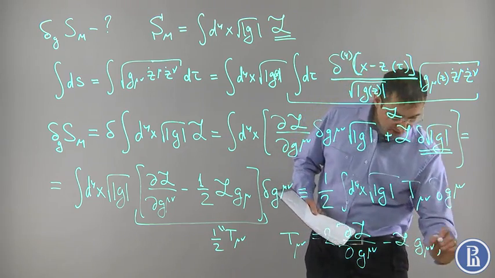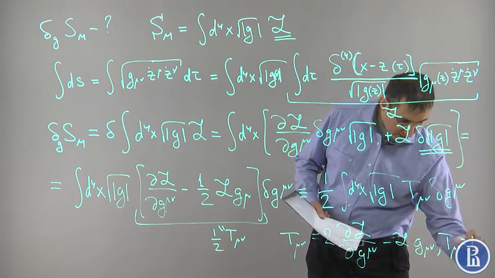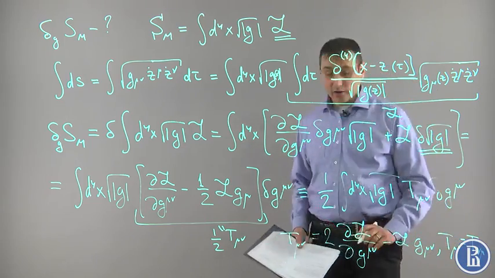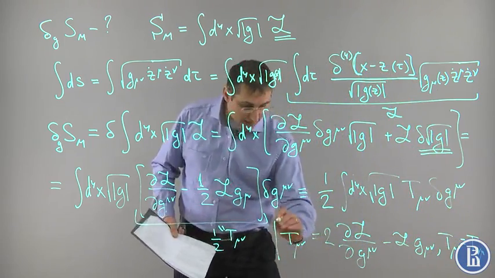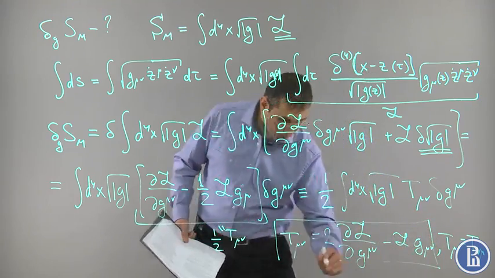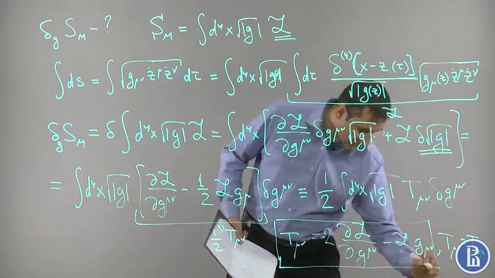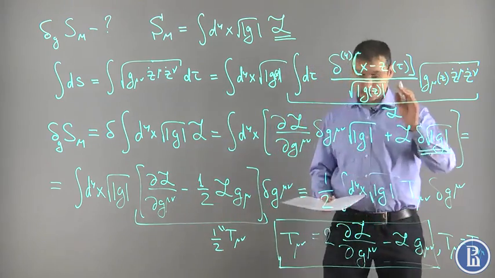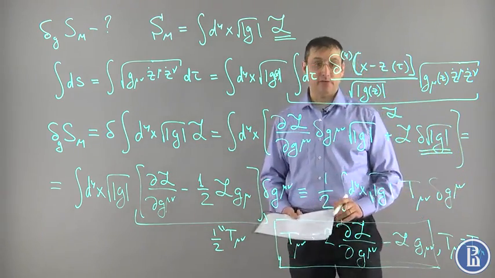So it is symmetric under the exchange of indices. And our goal now is to understand the physical meaning of this quantity. Who is this?